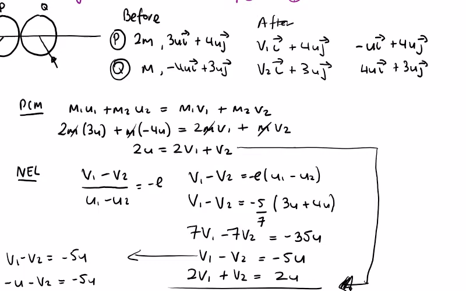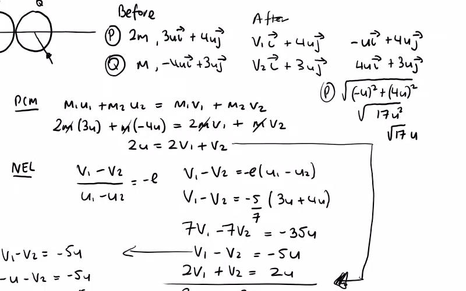Now the speed we know, so for P, we get the square root of minus u squared plus 4u squared, the coefficients of the i and j, square root of 17u squared, which we could write as the square root of 17 times u.